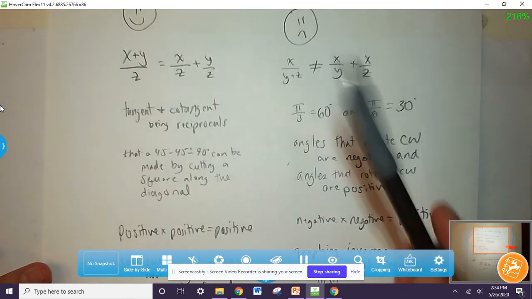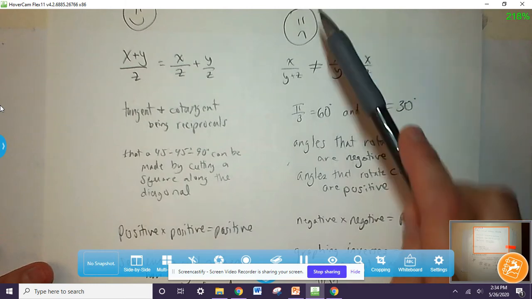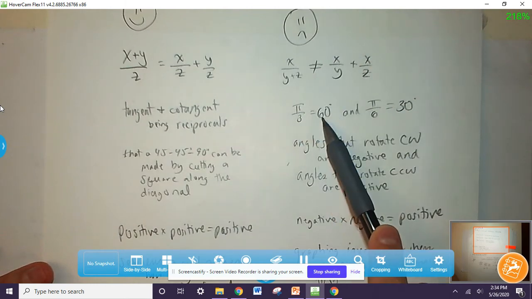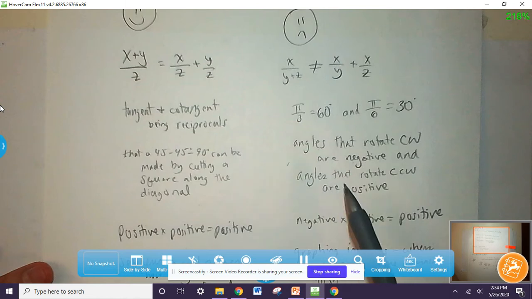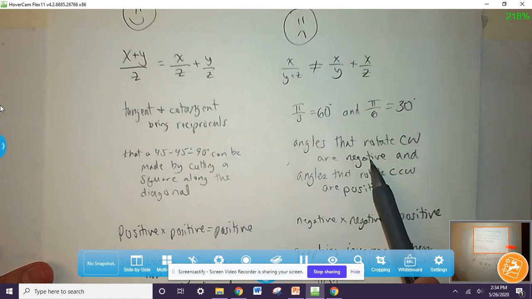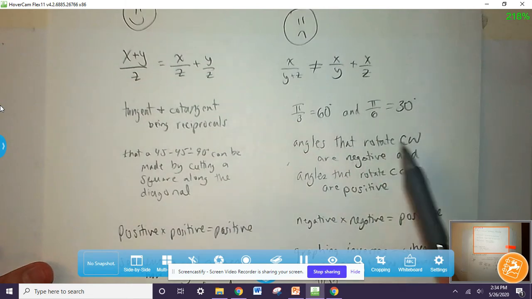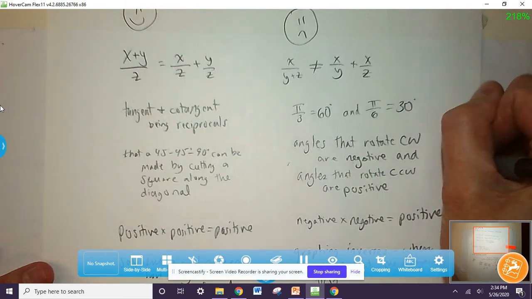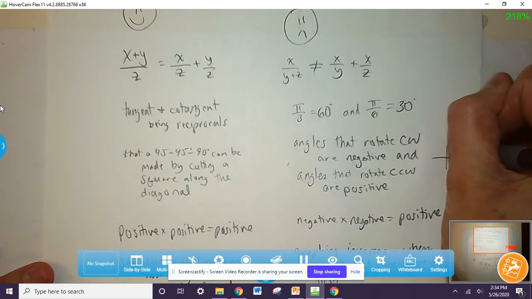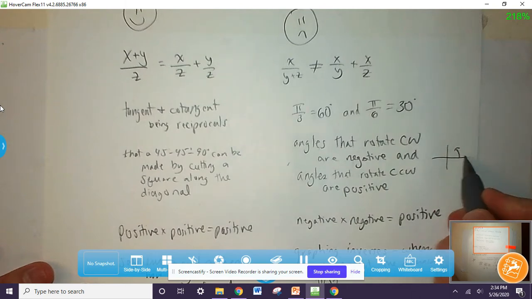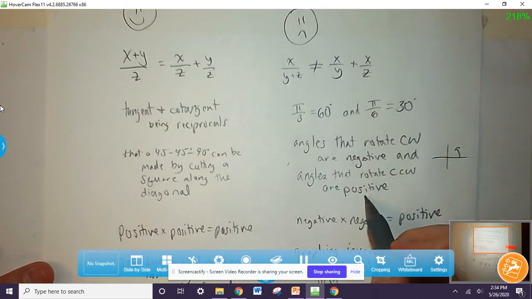Other things you mentioned for things that didn't work the way you wanted to, that the 3 goes with the 6 for pi over 3 and 60. This one I forgot. I always love this example, that when you rotate clockwise, it's negative, counterclockwise is positive. The first time we did that, it didn't make sense. But then when we realized that from the initial side going up would be positive, then it did make sense that counterclockwise was positive.